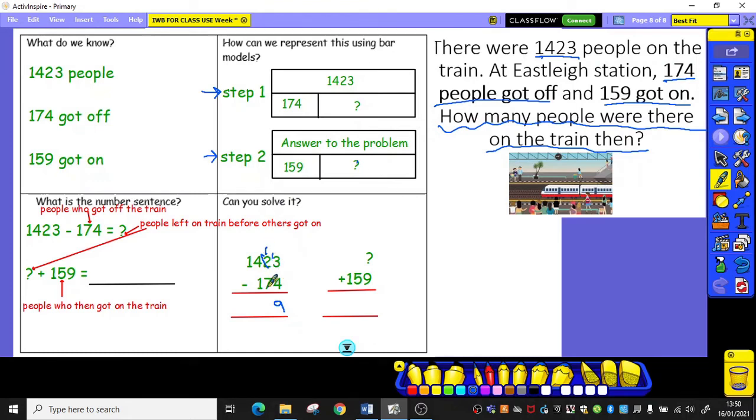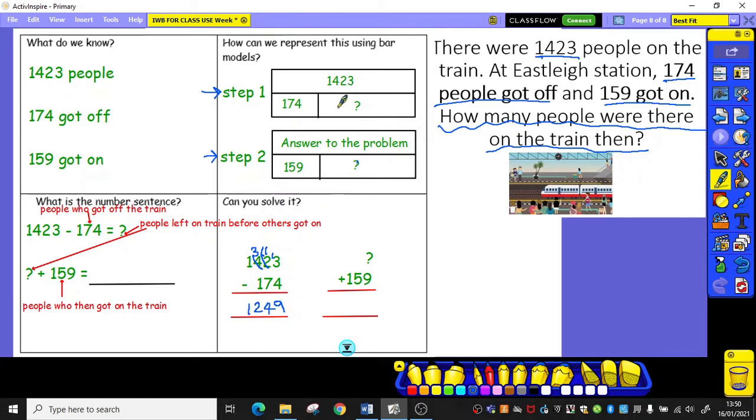1 subtract 7 I also can't do. So I'm going to need to cross off the 4, making that a 3, carrying my 1 across. 7 away from 11 I can now do, which the answer is 4. 4 add 7 makes 11, in the same way 9 add 4 makes 13. 3 subtract 1 is 2, 2 add 1 is 3, and 1 take away nothing is 1.